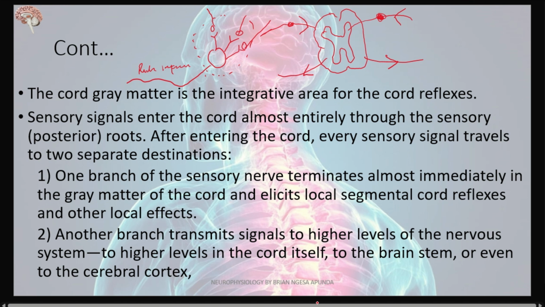So what is important is the integration that ordinarily will occur over here. So here we expect some cell bodies. So a cell body representing the genesis of the lower motor neurons. The same over here, or a point of synapse with the axonal ends of the sensory neurons in the dorsal part.